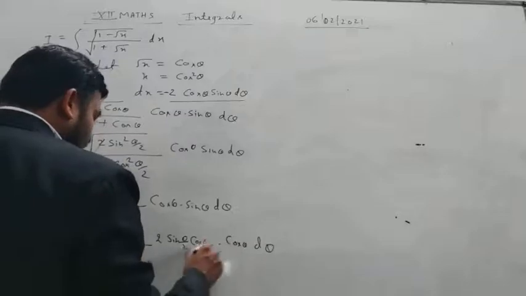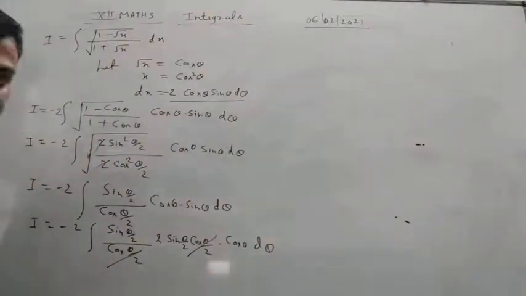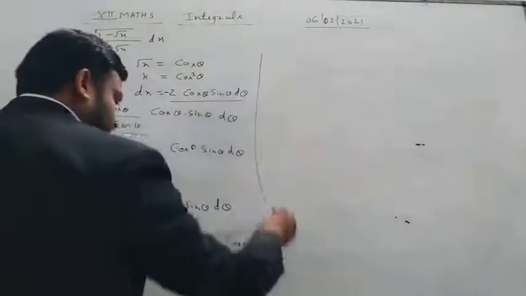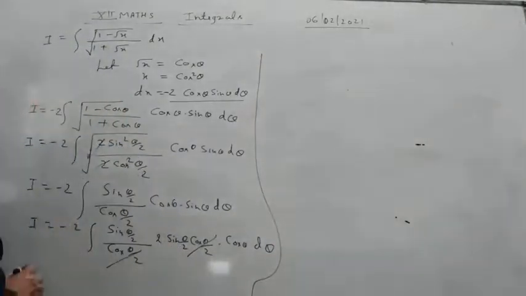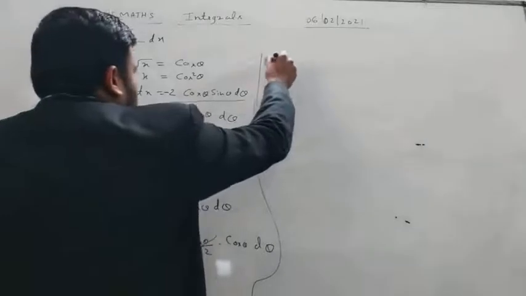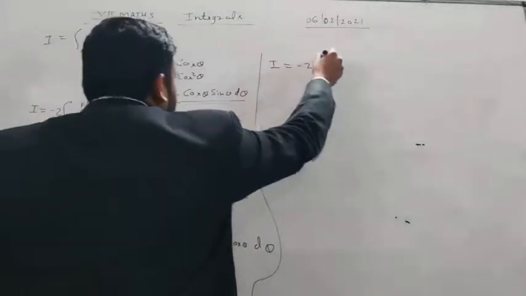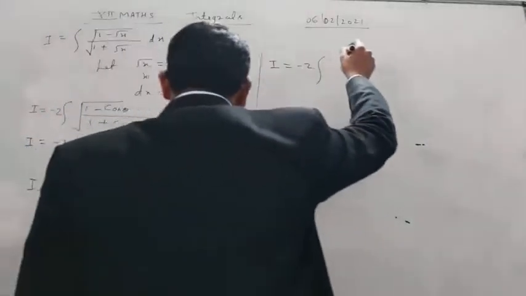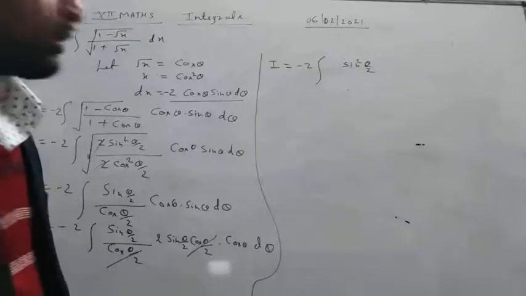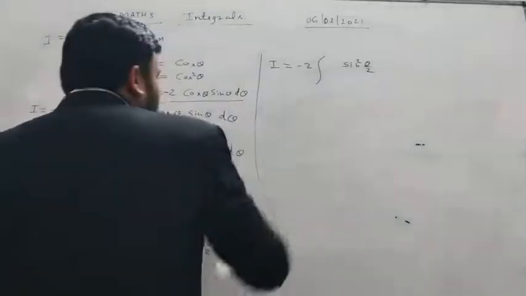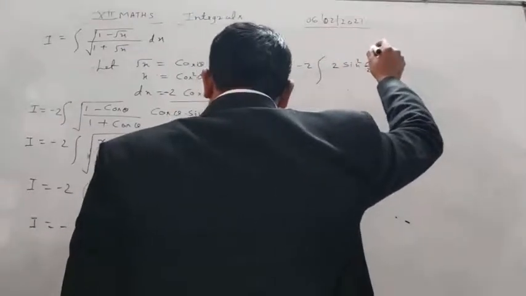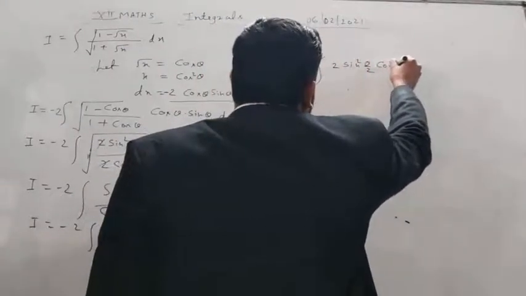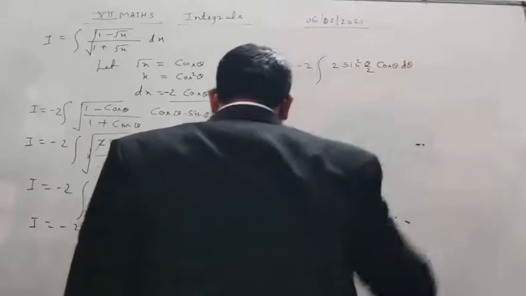So here this will be cancelled, and in the next step we get I equal to minus 2, and this is 2 sin square theta by 2 cos theta d theta.